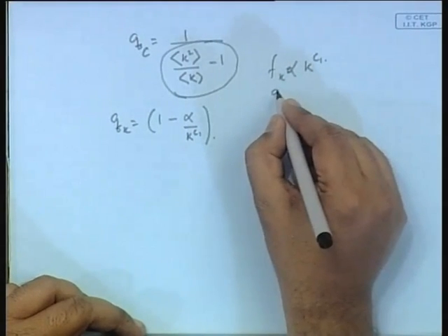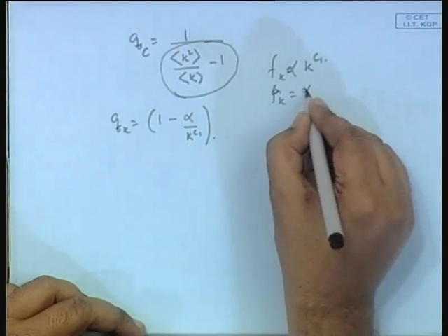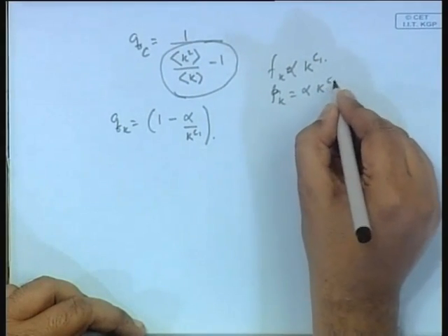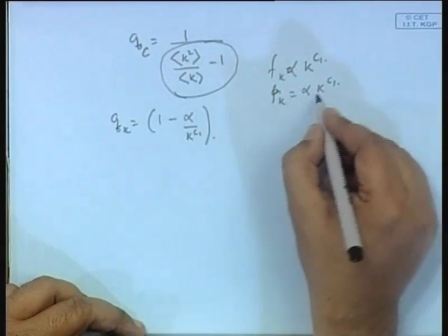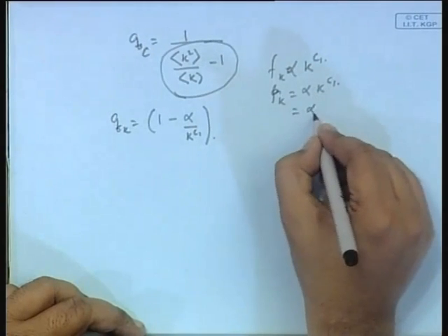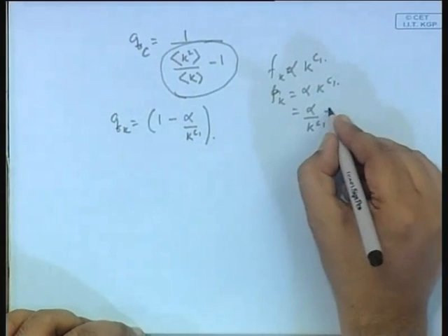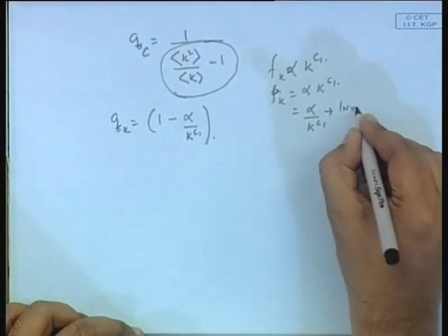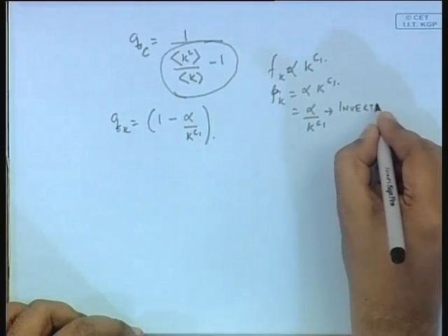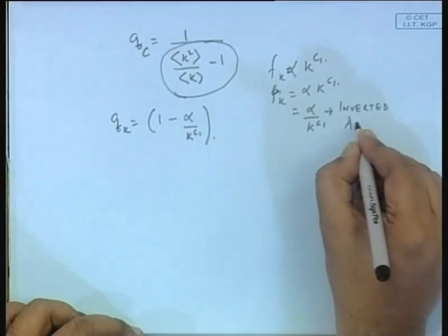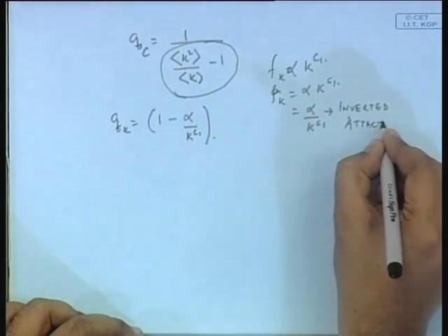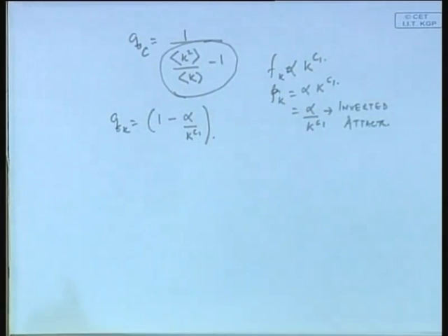So, I put fk is equal to alpha k to the power c 1, and I am doing it for the inverted attack. I am just doing it for the inverted attack.